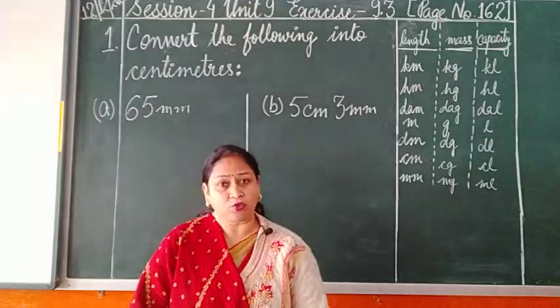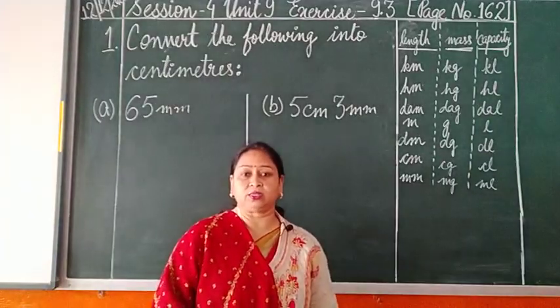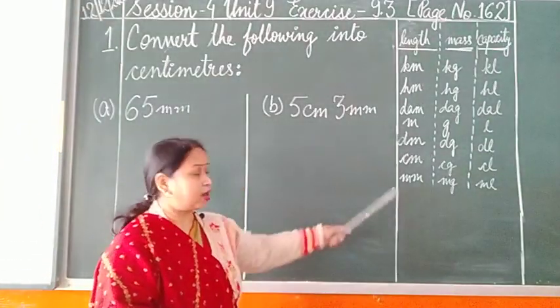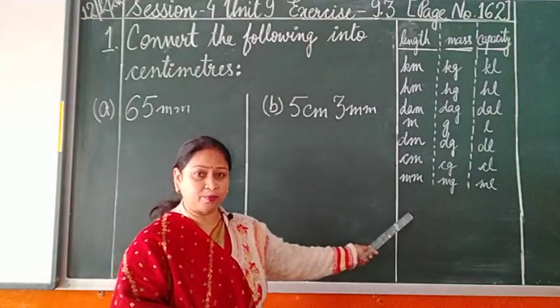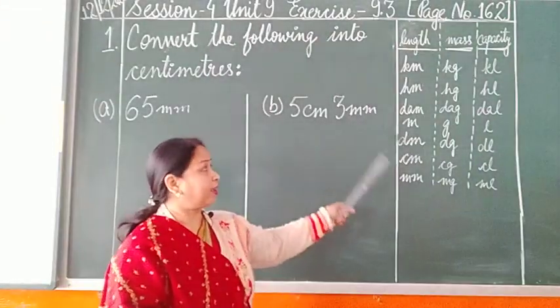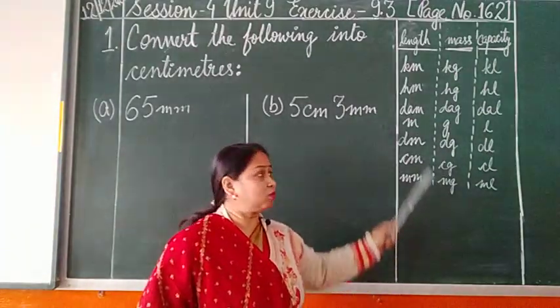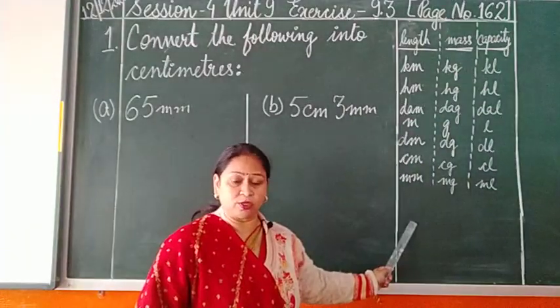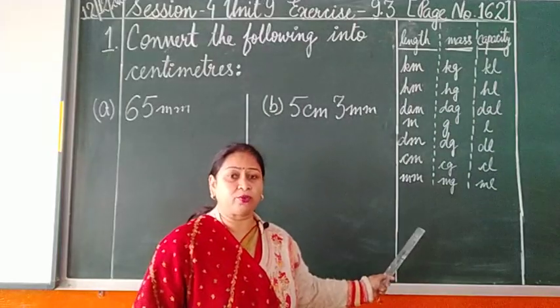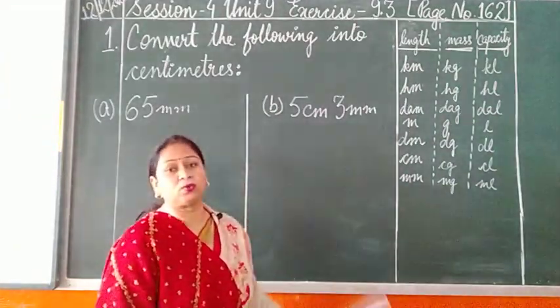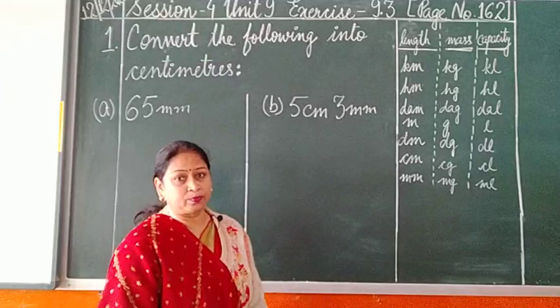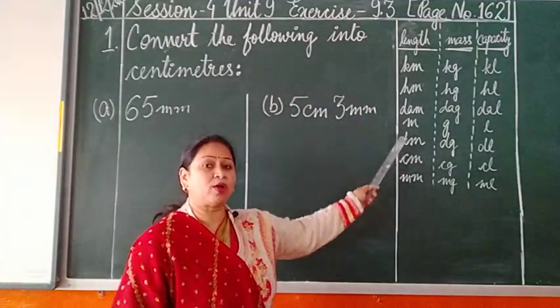So for that, as you can see, the chart is again ready for today's class. When we were doing bigger to smaller, we were moving downward. Now as we will be doing from smaller to greater unit, bigger unit, then we have to move up.